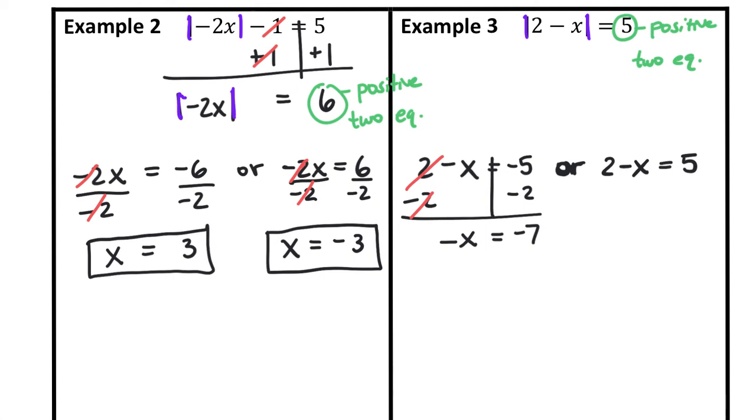It's like I have a negative 1 there. So I want to divide both sides by negative 1. It's going to cancel these. x equals positive 7.